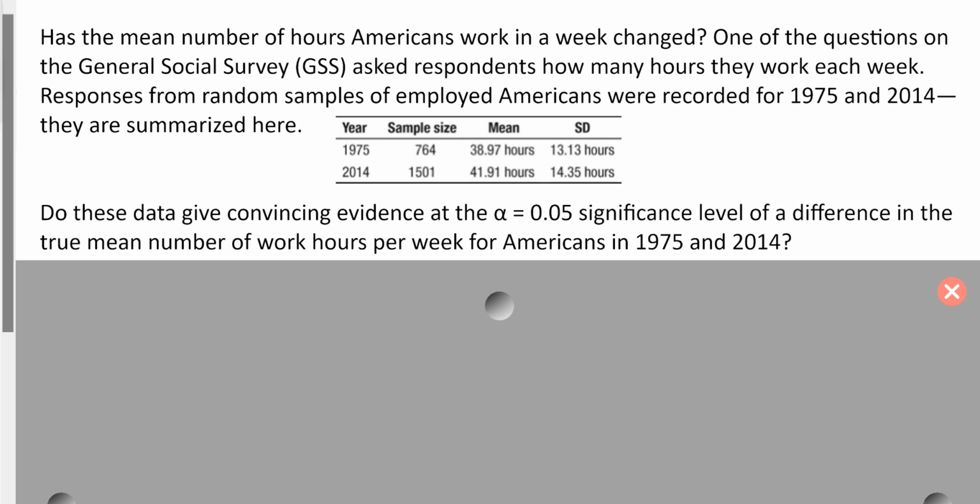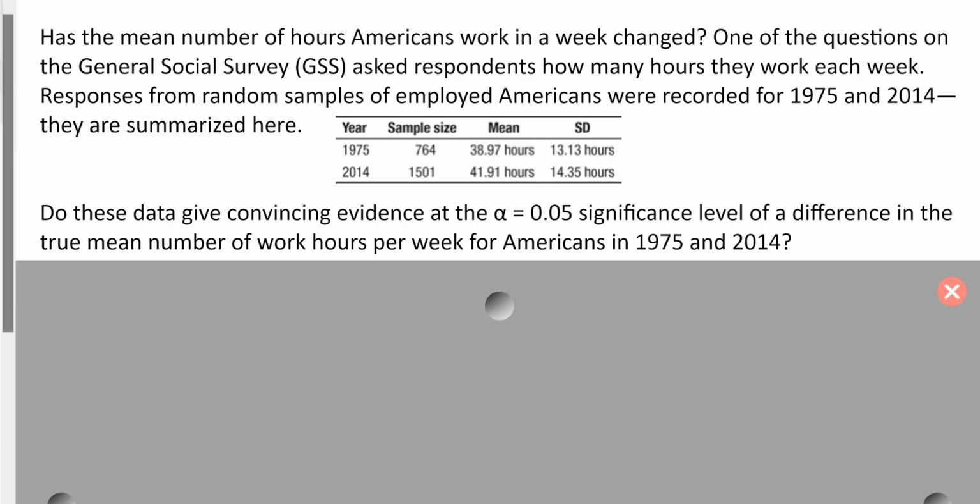So here's an example. I want to talk about what might fit with this situation, where it says, has the mean number of hours Americans work a week changed? One of the questions on the General Social Survey asked respondents how many hours they work each week. Responses from a random sample of employed Americans were recorded for 1975 and 2014.